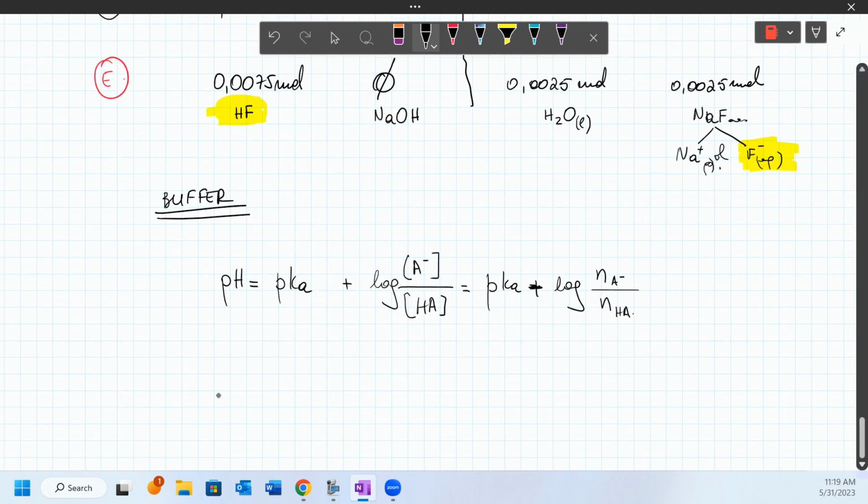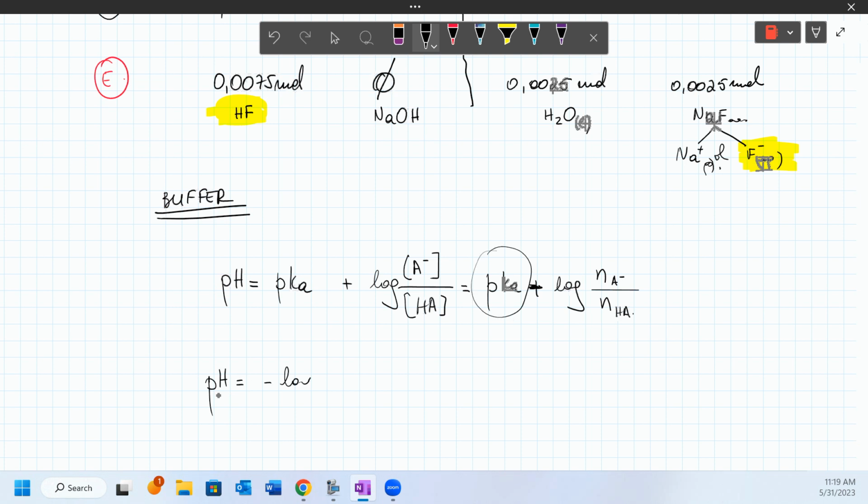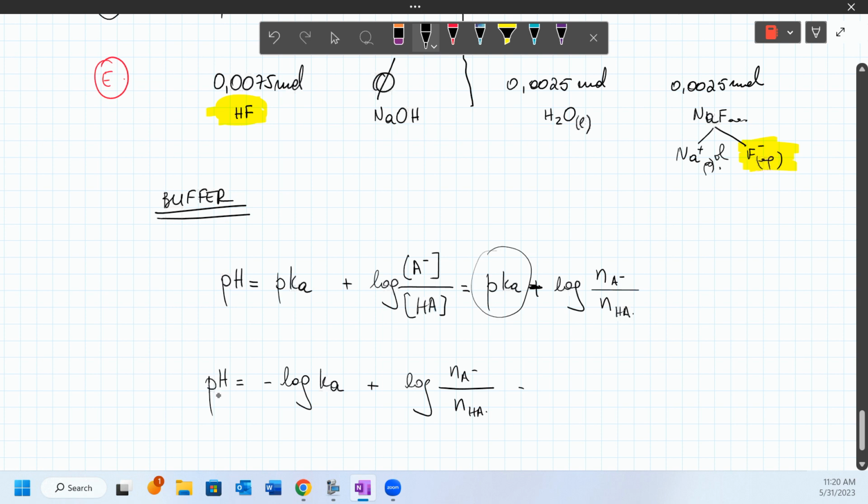So pH will be pKa, which is negative log of Ka, plus log of the moles of F minus over the moles of the acid. Keep in mind, we didn't do this in the previous example because we didn't have the ratio. We needed the concentration, which in the previous example is always moles per liter. But since we have the ratio in the Henderson-Hasselbalch formula, we are free to use the number of moles.